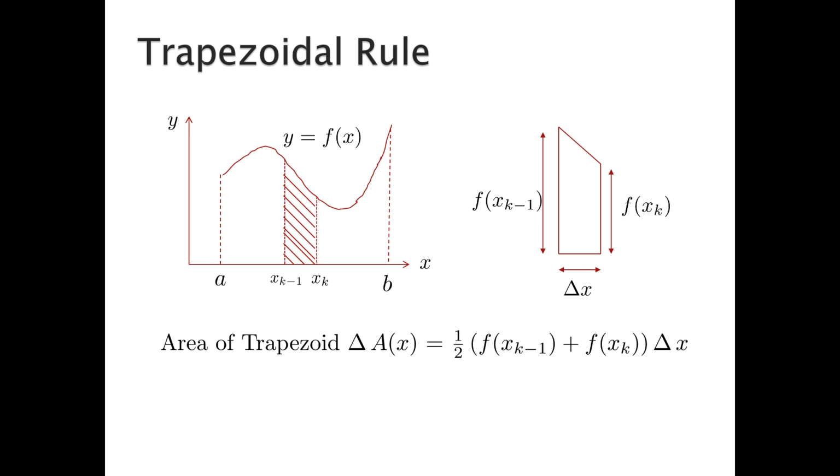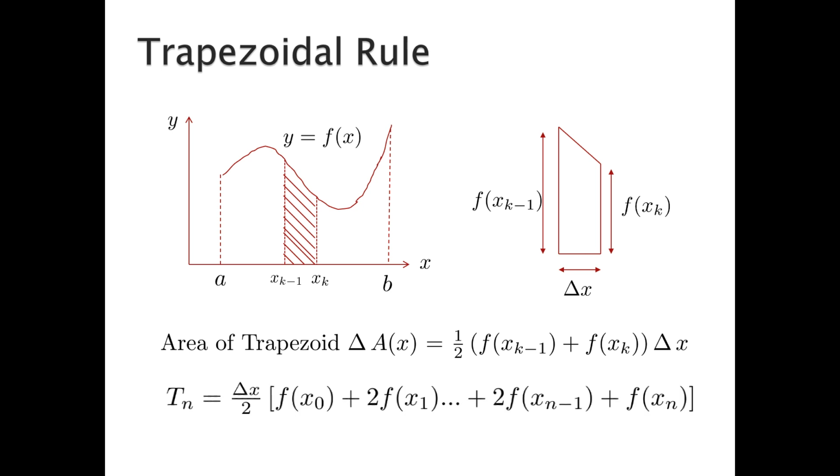So if I were to go through and do that for the first piece, the second piece, and so on, you notice that what will happen is some of those are going to get doubled up. In fact, the very first endpoint and the very last endpoint don't get used twice. But all the ones in the middle do, because they show up as a right endpoint and a left endpoint, depending on which side of the breakpoint you're on.